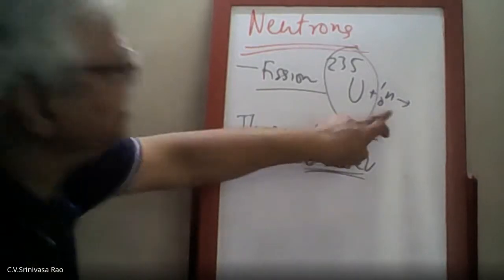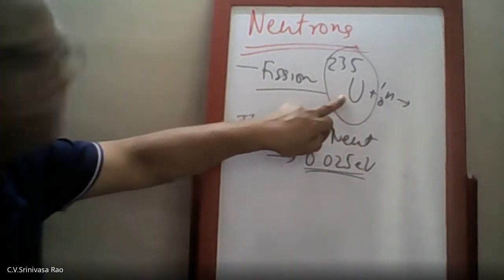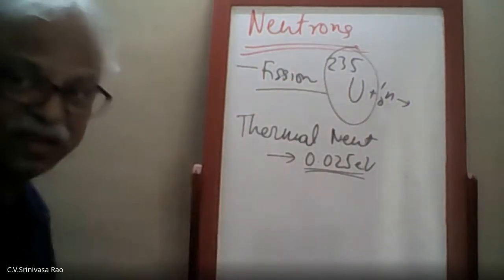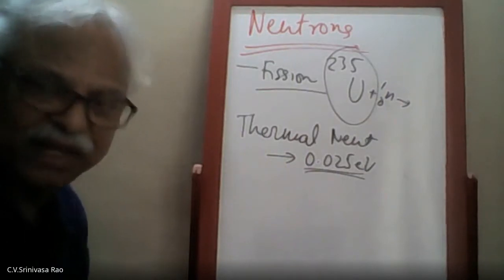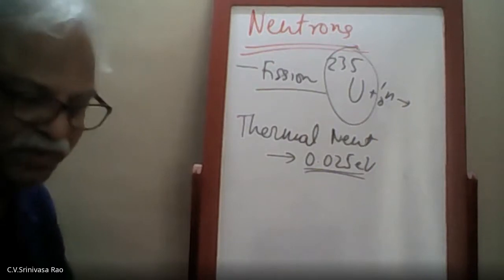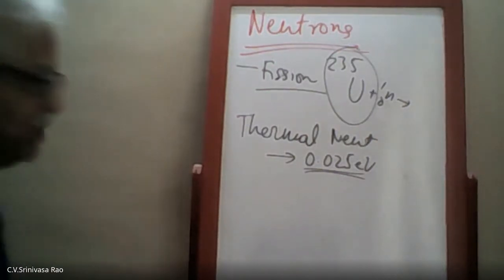So zero energy neutrons can just coolly enter into a nucleus of uranium-235 and cause fission. And fission means a lot of release of energy. So that energy can be used for peaceful purposes. It can be used as a weapon, anything, depending upon your usage.